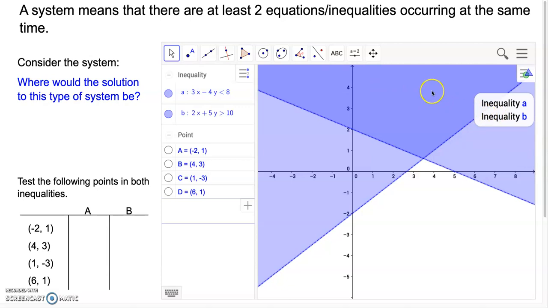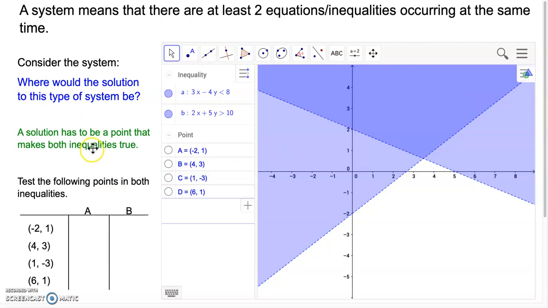B. But remember, a solution to the system has to be a point that makes both true at the same time. So let's consider these points. The first point, point A. If I were to plug this point into both inequalities, would I get a true statement or a false statement?